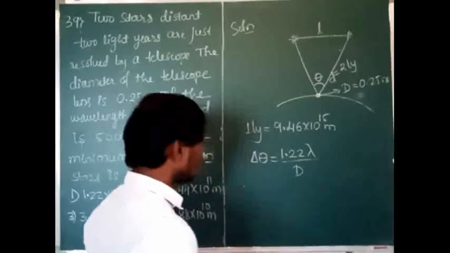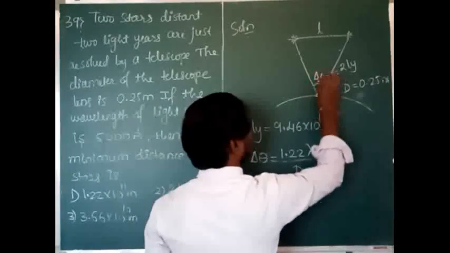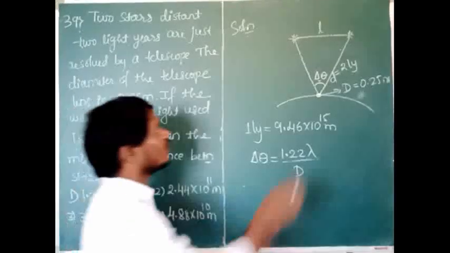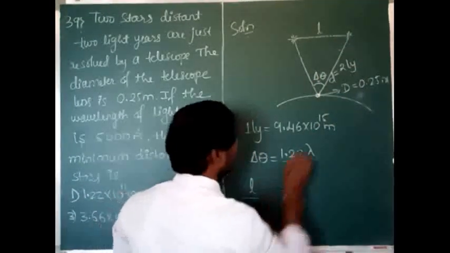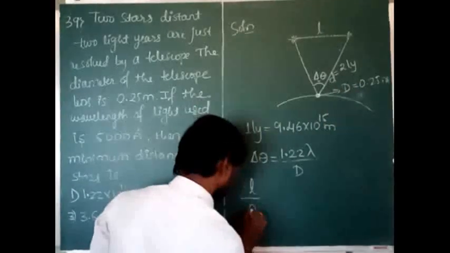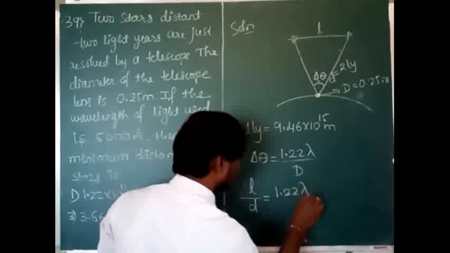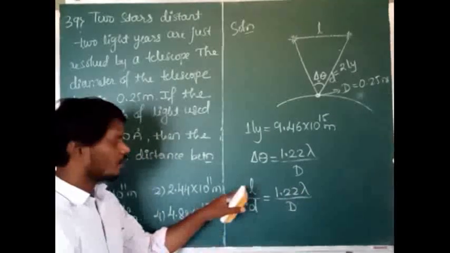Okay. Then how can we determine delta theta? Angle can be defined as arc divided by radius. Arc length is L, radius is small d, that is equal to 1.22 lambda divided by capital D. Then we have to find L here.